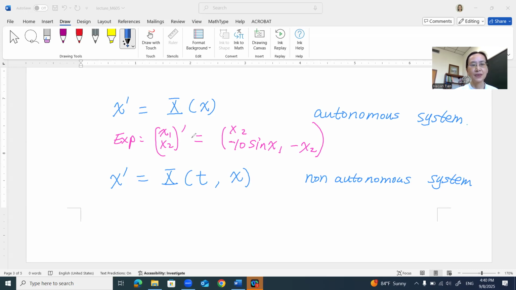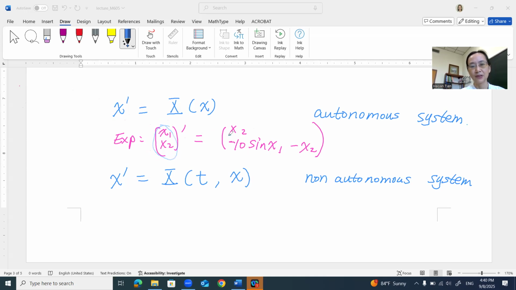This example is an autonomous system, because the vector x1, x2 is x, and the right-hand side depends on only the components of the x vector.